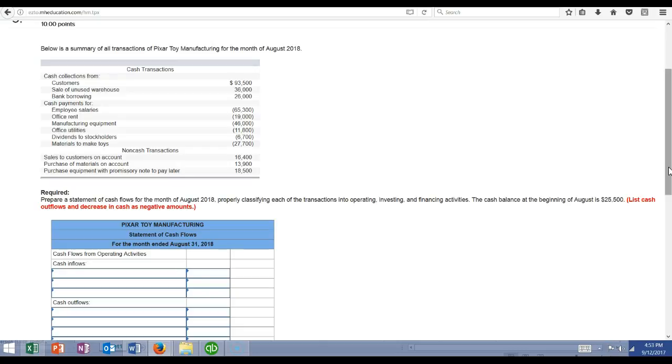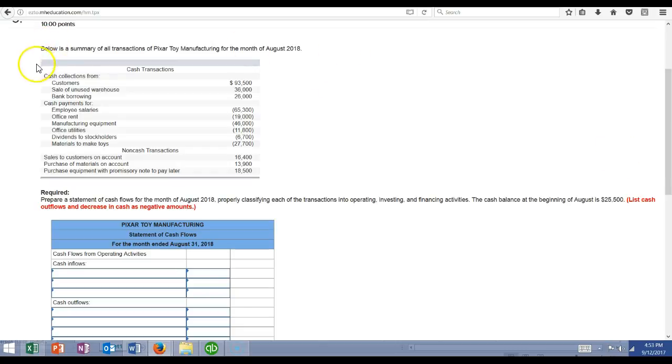We know operating has to do with the normal purpose of the business. Investing has to do with buying or selling long-term assets, and financing has to do with loans, borrowing, paying back, anything to do with investors, the stockholders, and paying dividends.